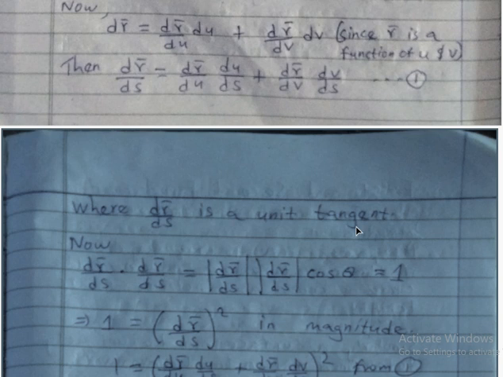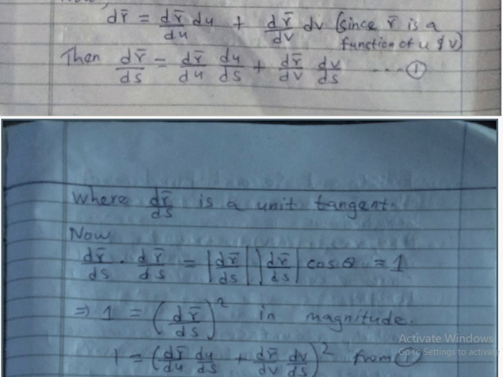So now let's find the dot product between dr/ds and dr/ds. By definition, this is the same as the magnitude of dr/ds times the magnitude of dr/ds times the cosine of theta. The angle between these two vectors is 0, and we know that cosine of 0 is 1.